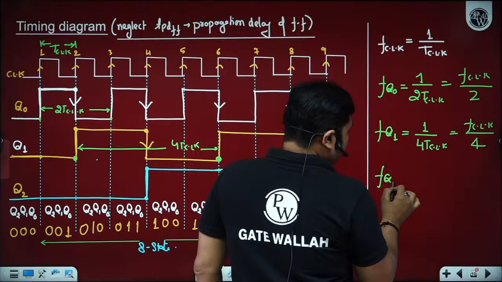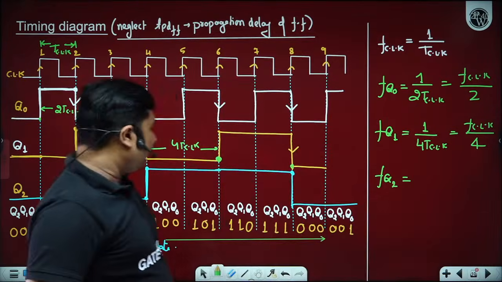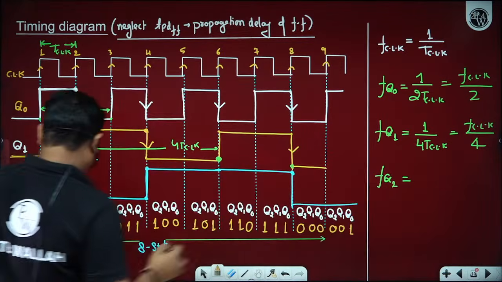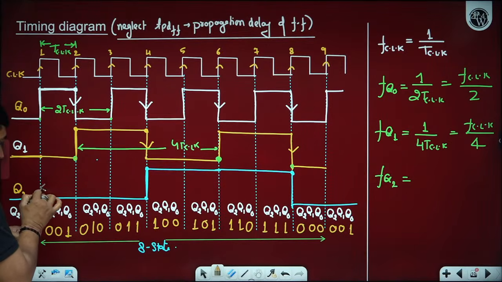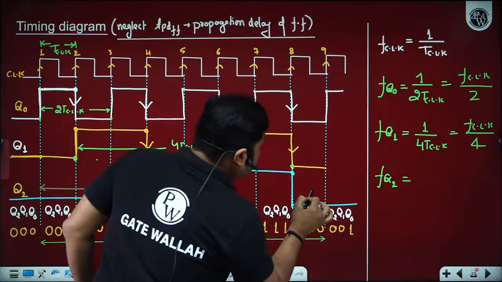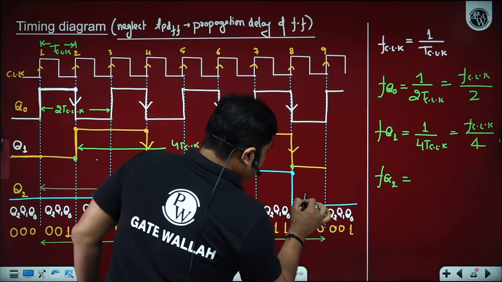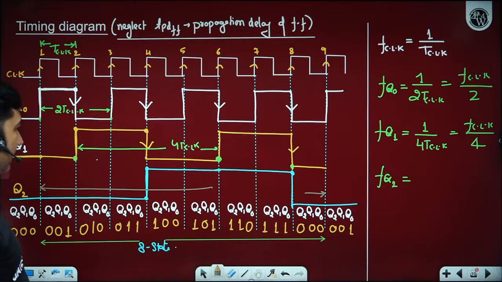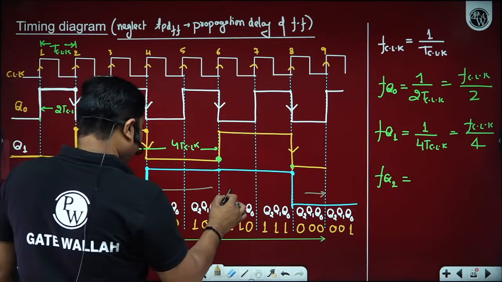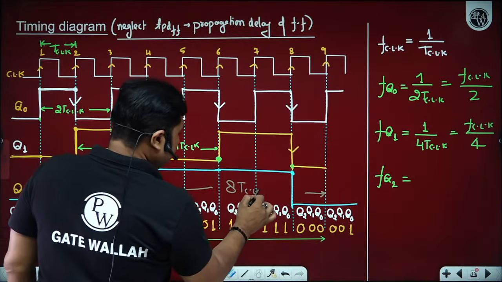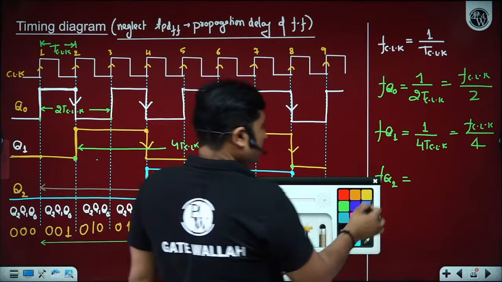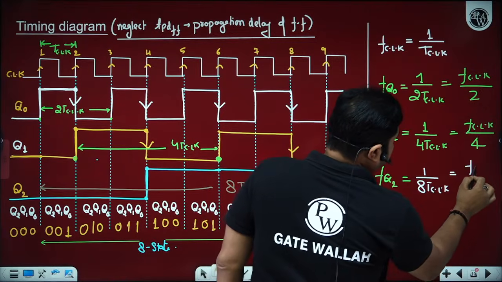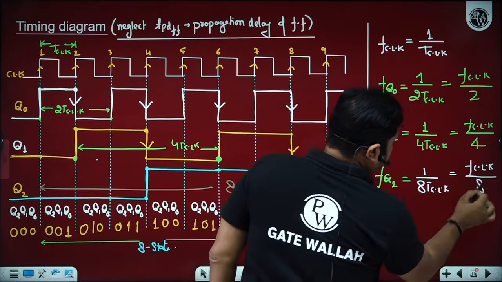Similarly, the frequency of Q2: please observe the state 001, and 001 again we are getting here. The repetition goes from 001 to 001, a total of 8 TCLK. So one can say 1 upon 8 TCLK, which becomes FCLK by 8.